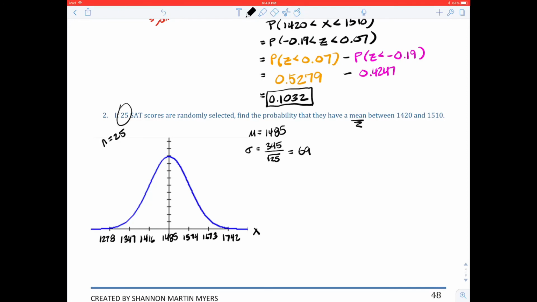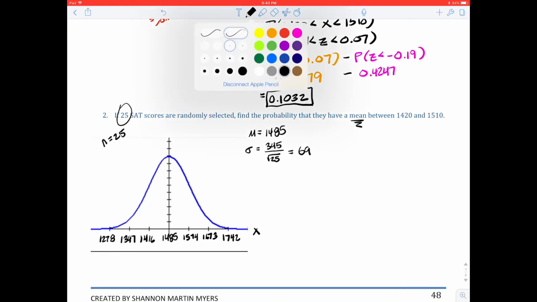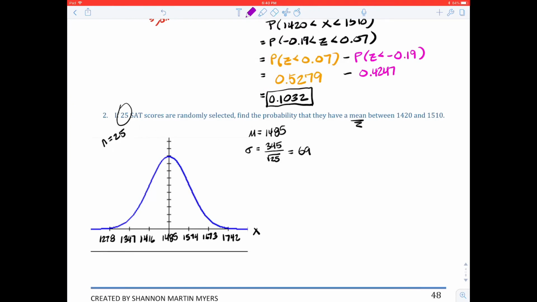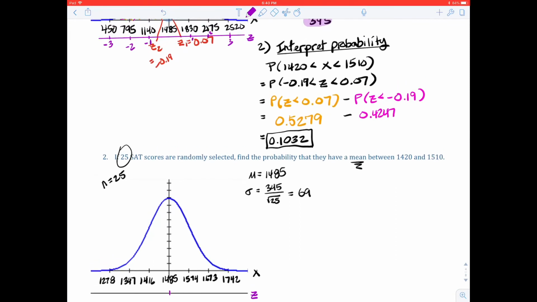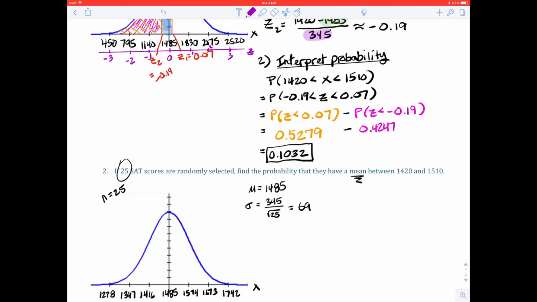So now, when we go to our z-scale, if this one here is our z-scale, right? Then this would be z is 0, and I think I forgot to put that right here, 0.